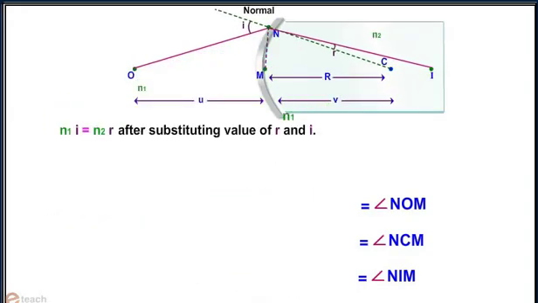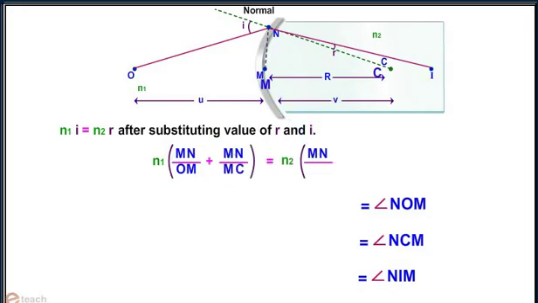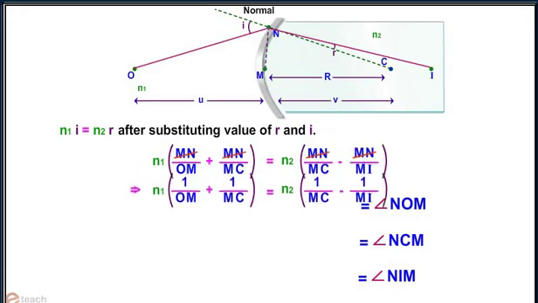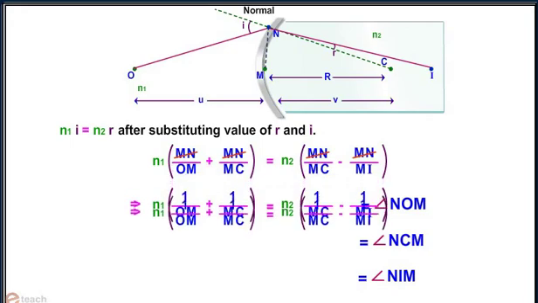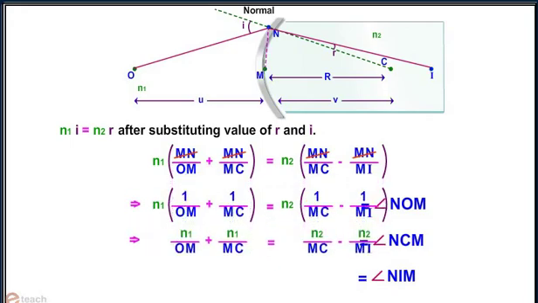After substituting the values of r and i, we get N1 into (MN by OM plus MN by MC) equals N2 into (MN by MC minus MN by MI). On further simplifying, we get N1 by OM plus N2 by MI equals (N2 minus N1) by MC.